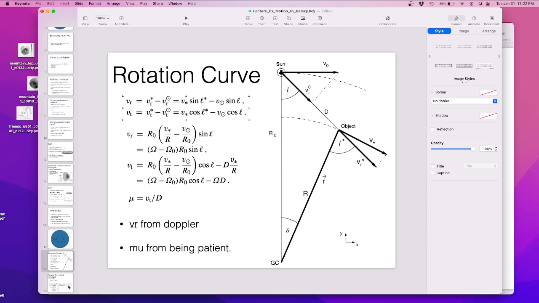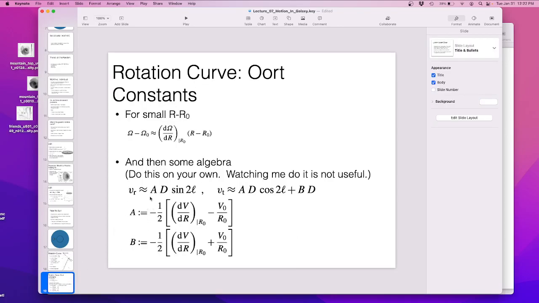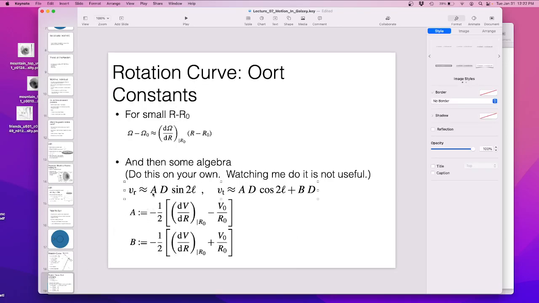So we do a little bit of algebra to get rid of everything else, and we're left with A, which is some constant that's true for all of the stars, times the distance to each star, times the position on the sky of each star. So think about this. Think about what you're looking at.